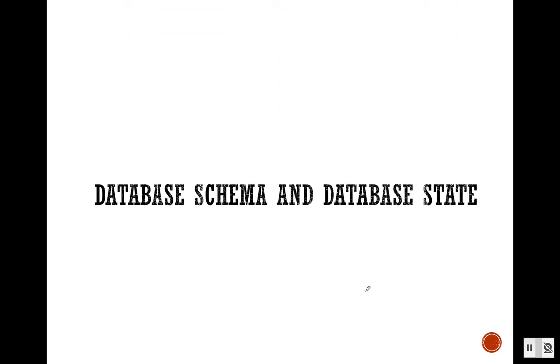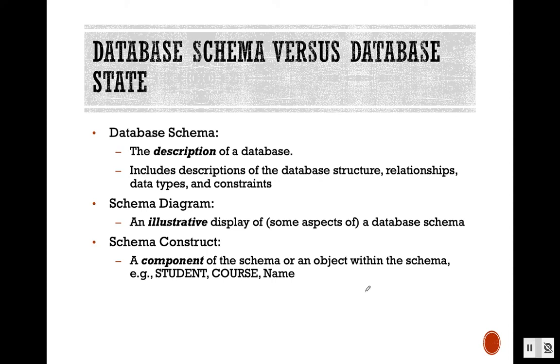So let's look at database schema and database state. Database schema means the description of the database. The database schema gives us a well-defined description of the database, including the database structure, the relationships, data types, and constraints.